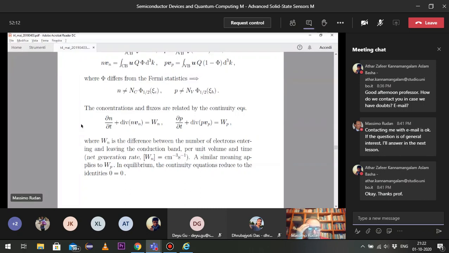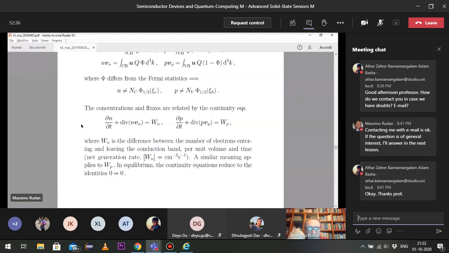So if an electron, without moving in space, makes a transition that brings the electron into the valence band, this electron is lost for the conduction band. So we should count it as a negative contribution.